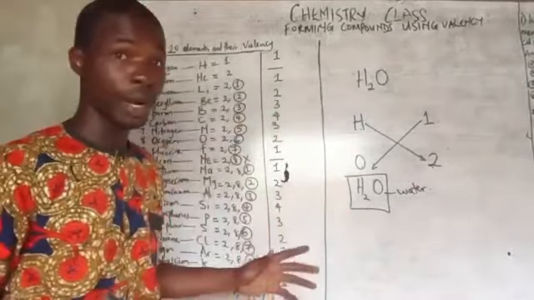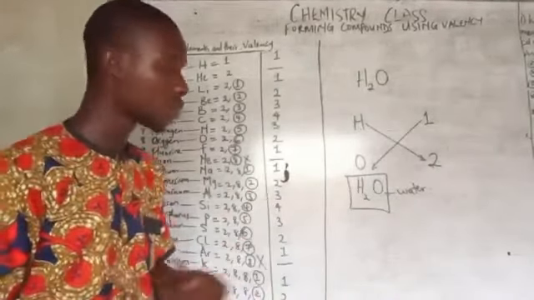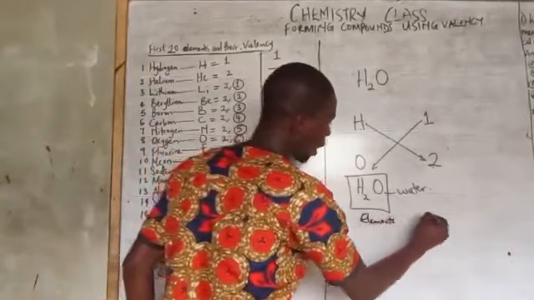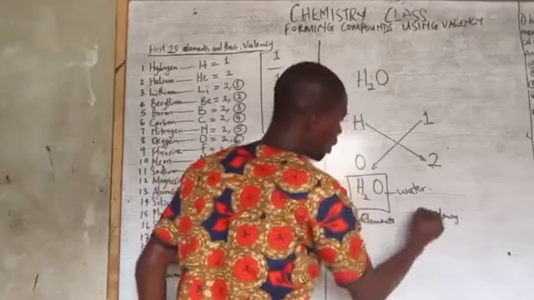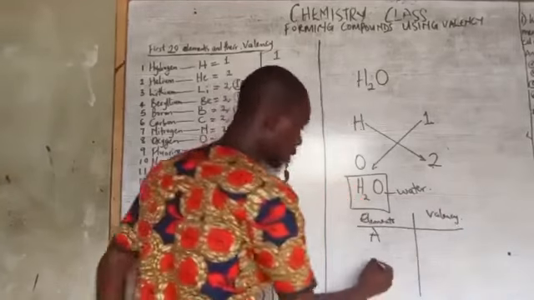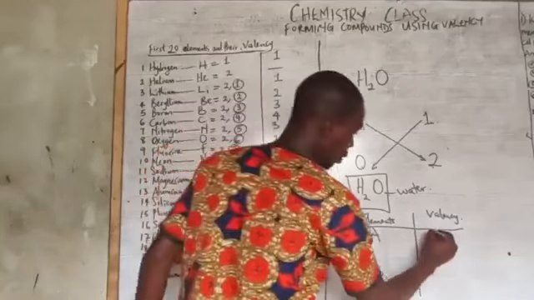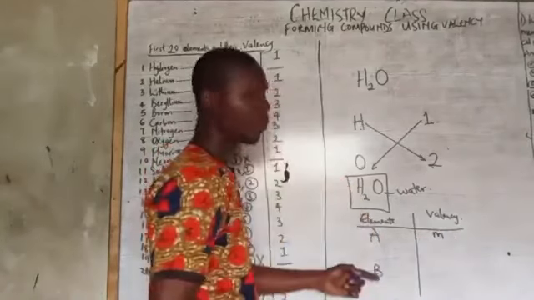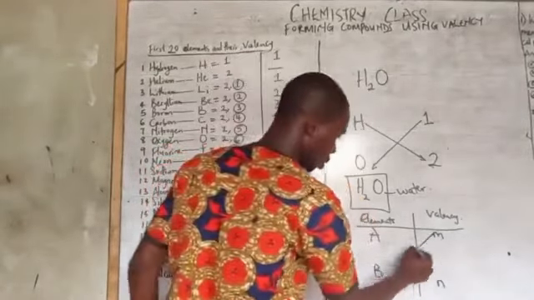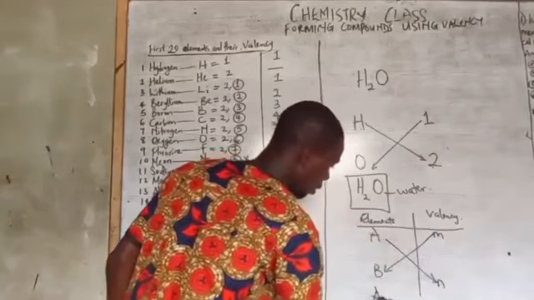So in general, when we are given any element and its valency, say for example, if the element is A and the other element is B, given the valency of A to be M and the valency of B to be N, then the compound formula would be, cross multiply and write A_N B_M.